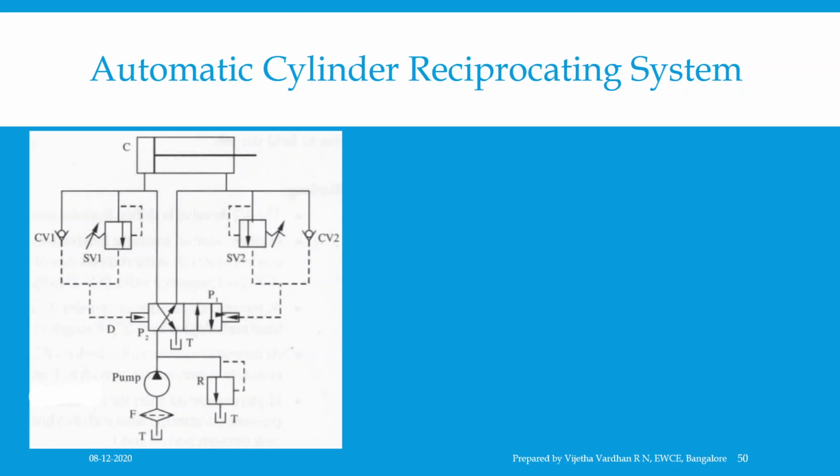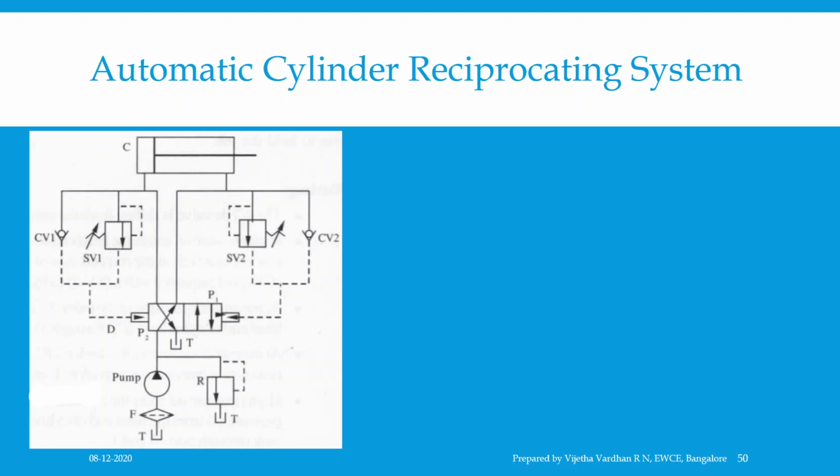And how does it work? Let us understand. For position P2 of the DCV, the cylinder retracts and at the end of retraction, pressure builds up on the rod end side and this is sensed by SV2. Each check valve and the corresponding pilot line does not allow the shifting of the four-way valve until the particular stroke of the cylinder is completed.